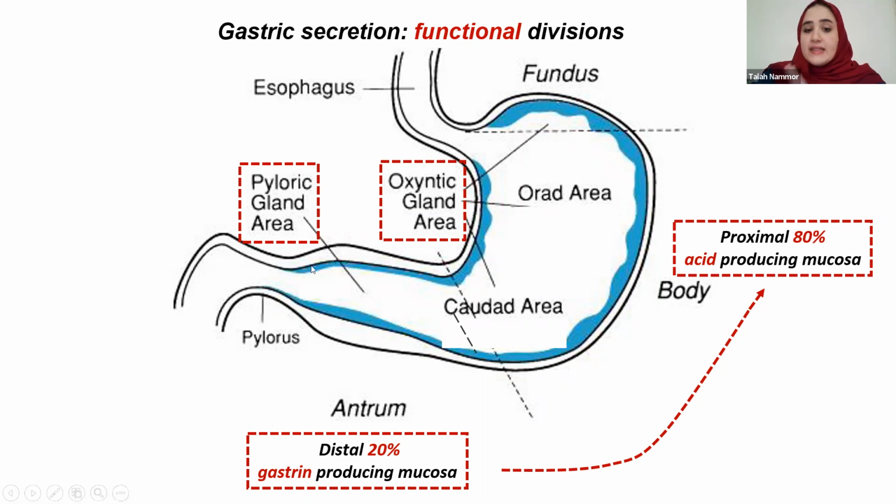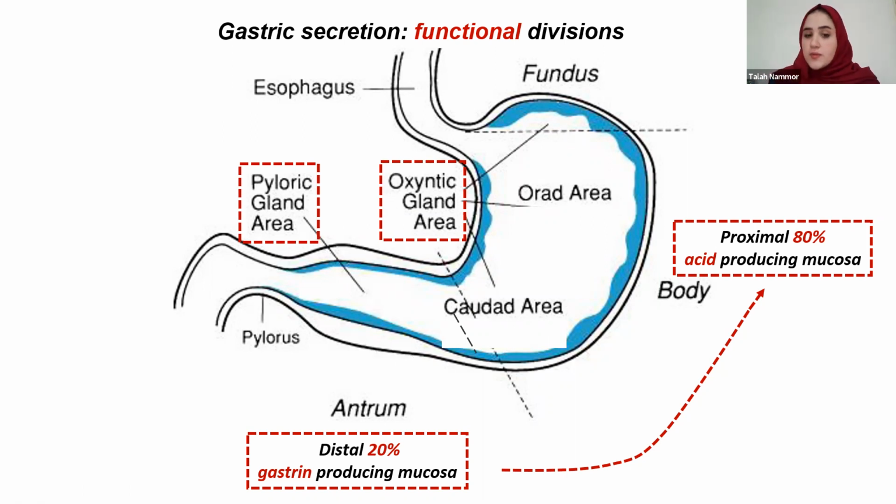But then we move on into the pylorus. In the pylorus, we have the pyloric gland. And it's kind of easy: pylorus, pyloric gland. So basically the pyloric gland will be in the pylorus and it is responsible for the production of gastrin, okay?